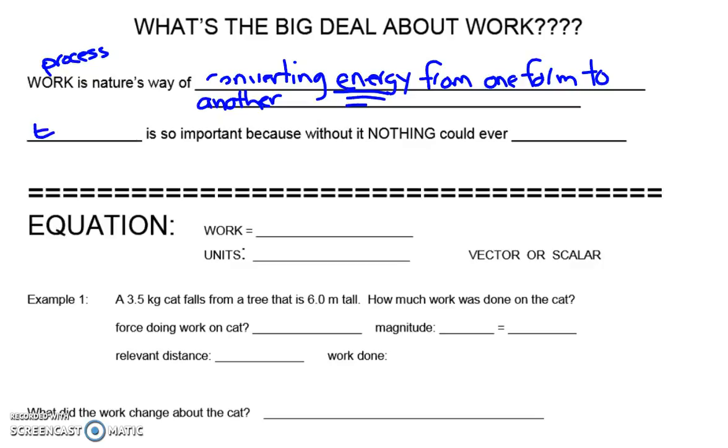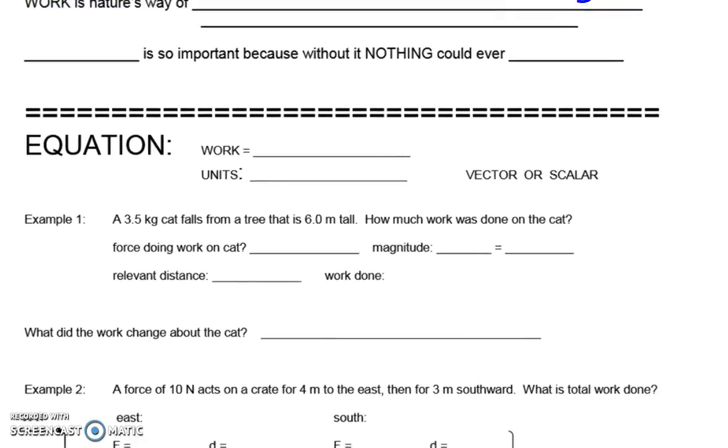So energy is so important because without it, nothing could ever change. Anything that changes in nature is an energy change of some form or another. And if there's an energy change, work must be done at some level. What does that mean? There must be a force and a distance over which that force is acting. That's why work is a very powerful and important concept.